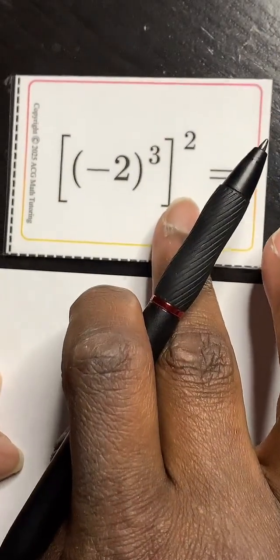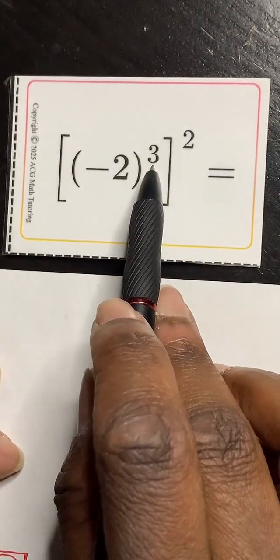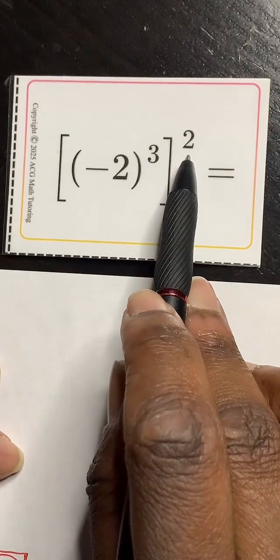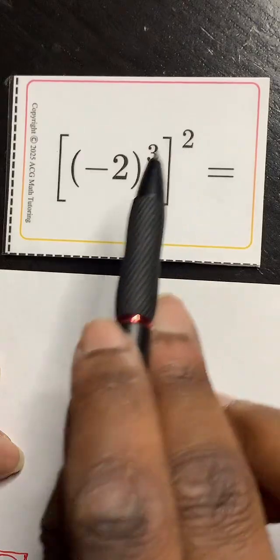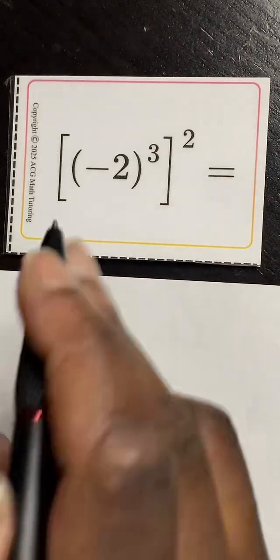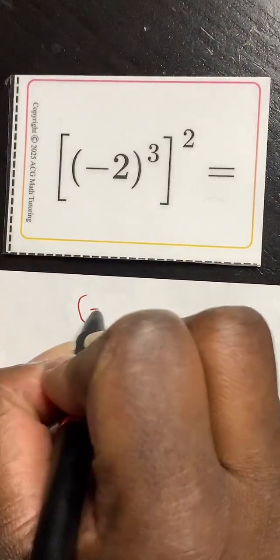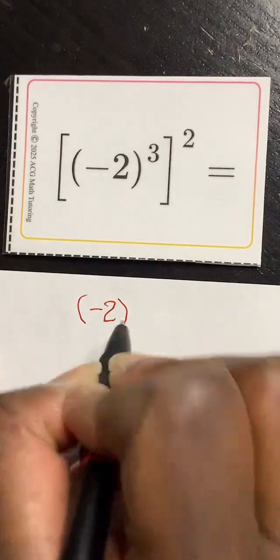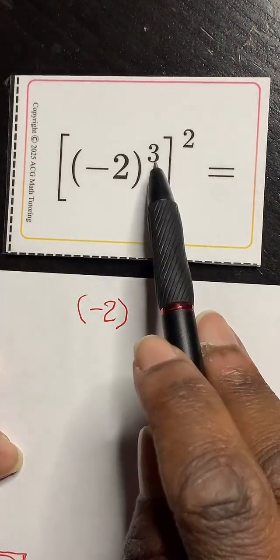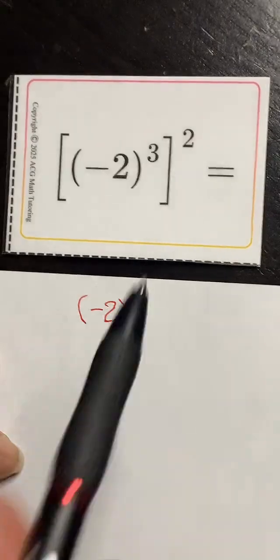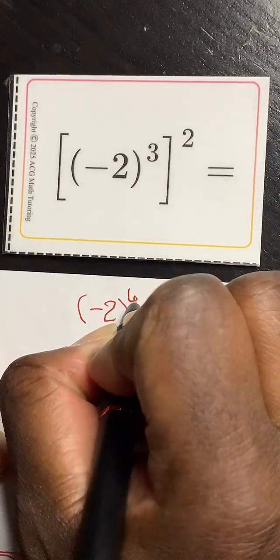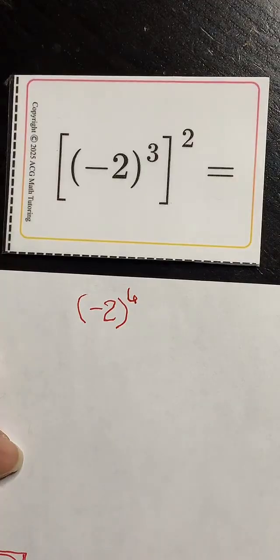Here's the rule. When you have an exponent being raised to an exponent, you multiply your exponents. You keep that base, negative 2, and all we're doing is multiplying the exponents. So 3 times 2, that's to the 6th power.